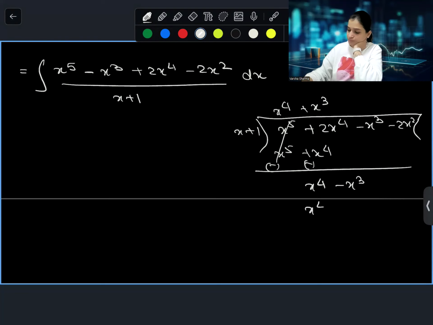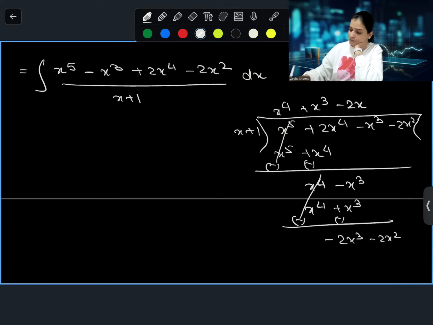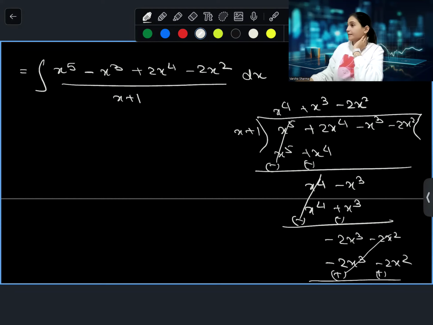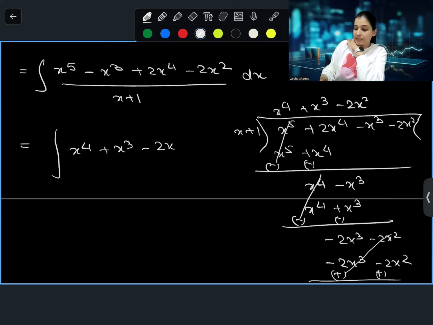Plus x cube, minus 2x square. Oh, completely divisible. Is it completely divisible? So the remainder is 0. So it will only be quotient plus remainder by divisor, which becomes 0.